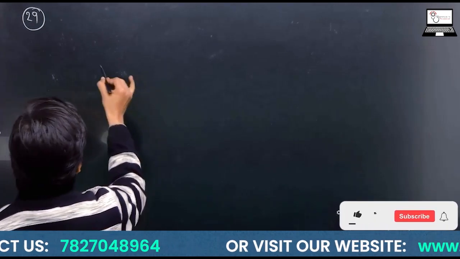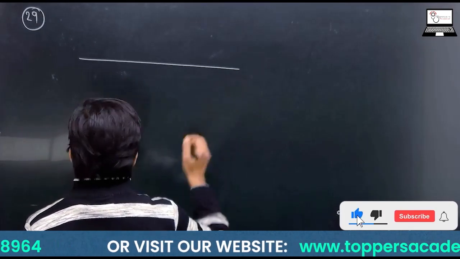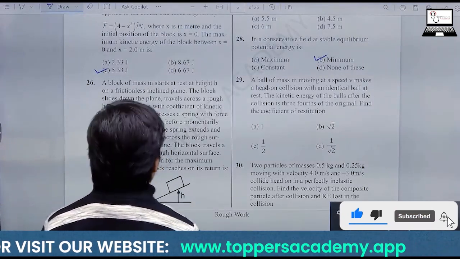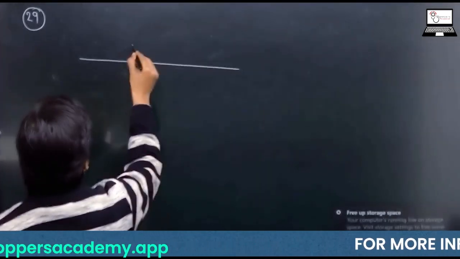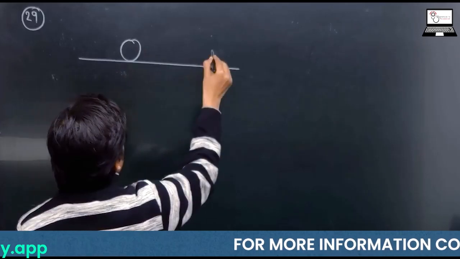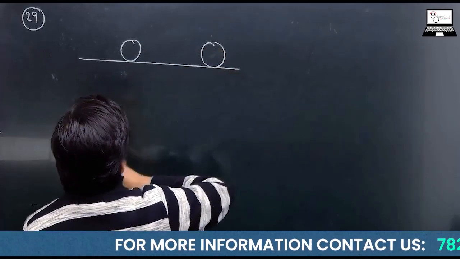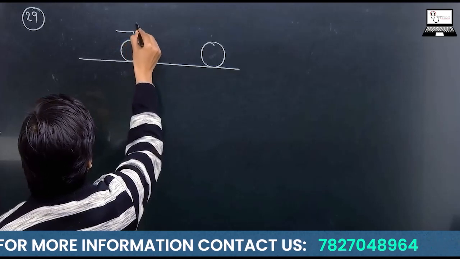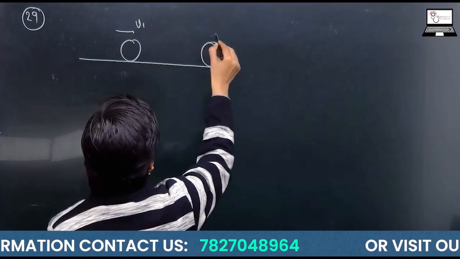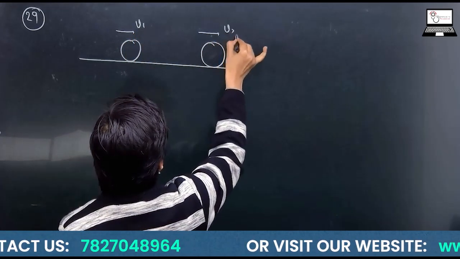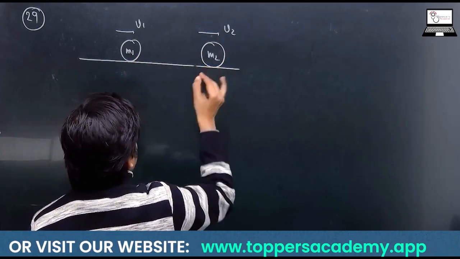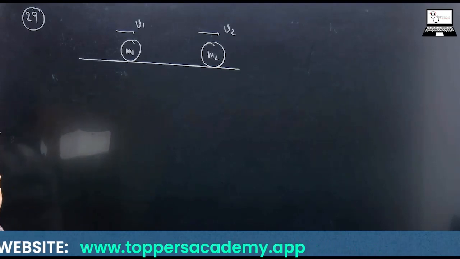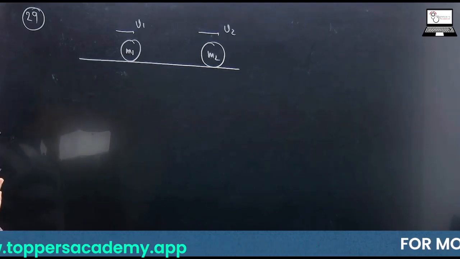Suppose there are two balls, one moving with velocity v1, another with velocity v2, and their masses are m1 and m2.